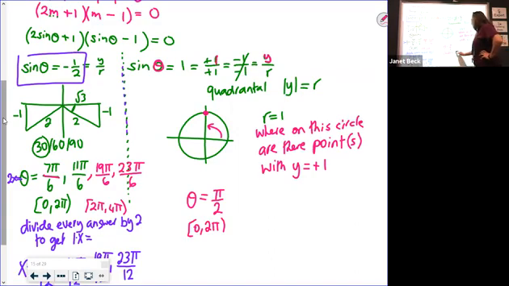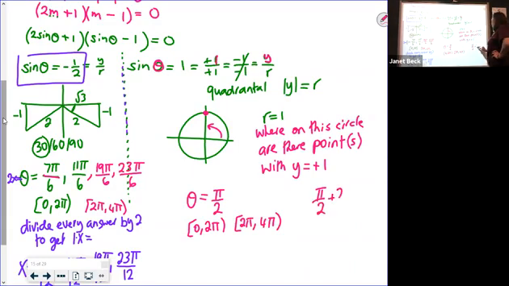I'm also going to need a solution from 2 pi to 4 pi. So I'm going to have to get that pi over 2 and add on 2 pi to it, which is like getting pi over 2 and adding 4 pi over 2. So that's going to give me 5 pi over 2.